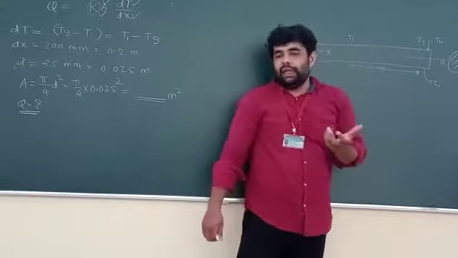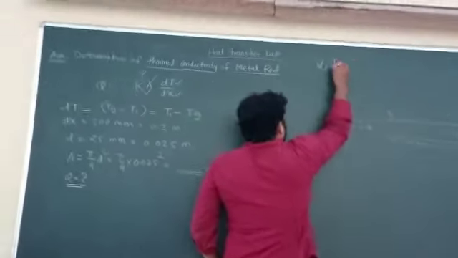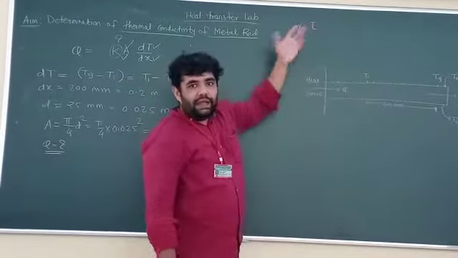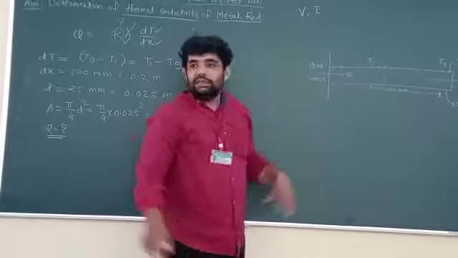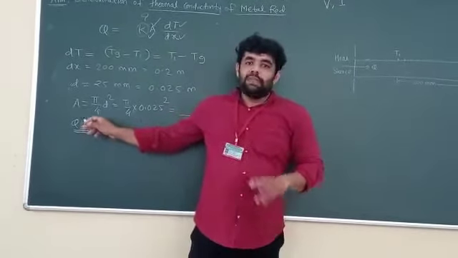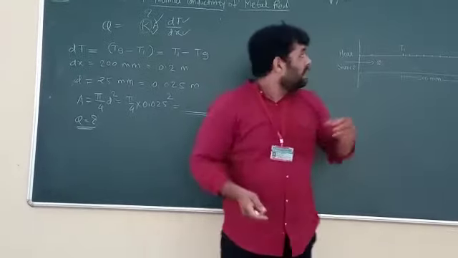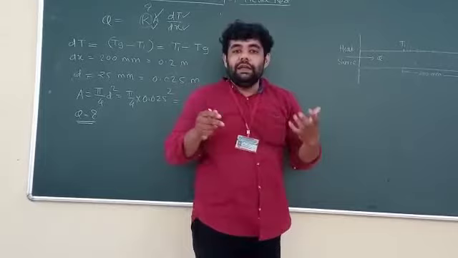Some student may have the question: as we know V and I for the coil, if you multiply V into I, then it will be the heat. Then why are we not taking Q as this particular value? In Fourier's law, Q is the amount of heat conducted through the rod. V into I is the heat generated by the heater.